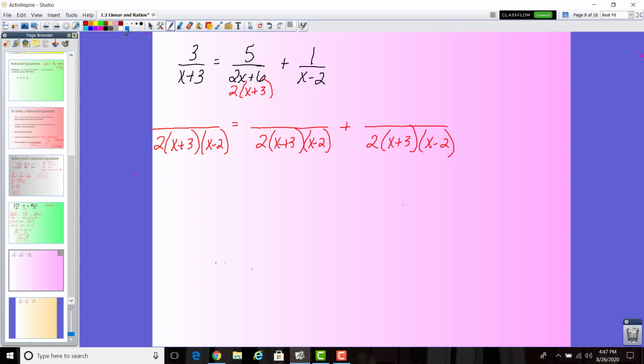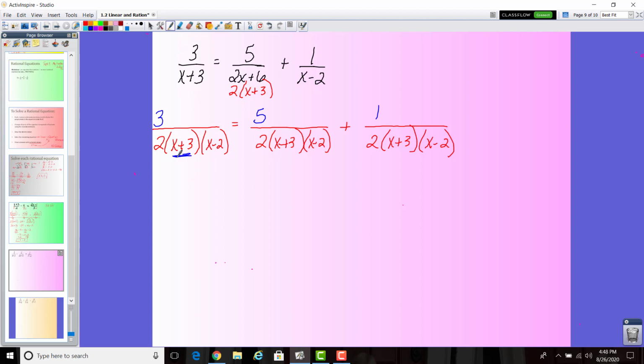Okay. Now, none of my denominators contained all three of these factors. That means the numerators of 3, 5, and 1 are going to have to multiply by something. We're going to figure out what was already there in the original expression, and then what did we add to it in the new expression. So we started with 3 over x plus 3.